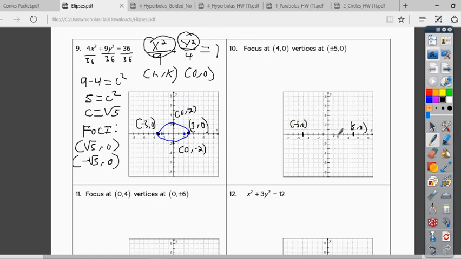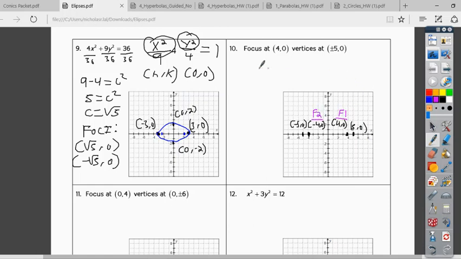You also have a focus at 4, 0. This also means we have a focus at negative 4, 0. This would be F1. This would be F2.